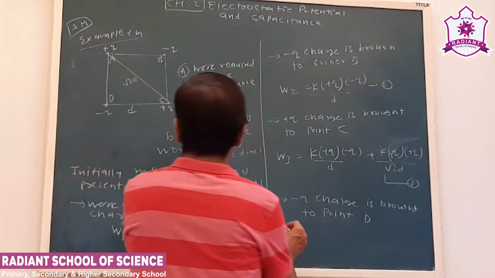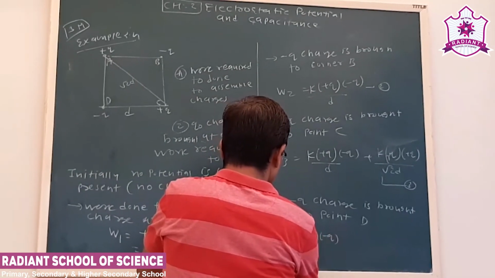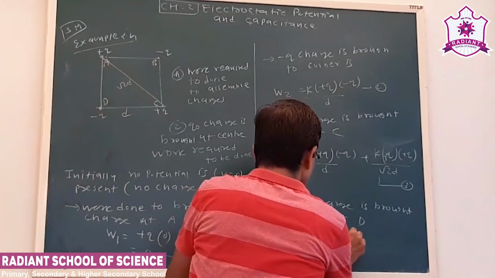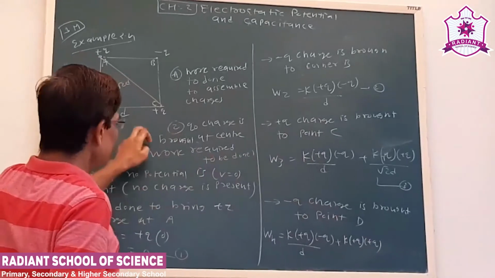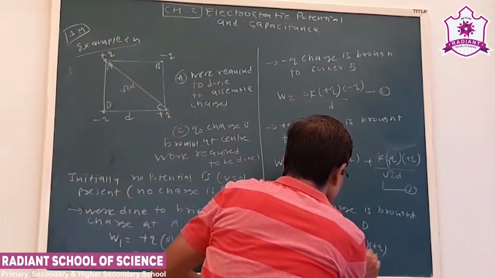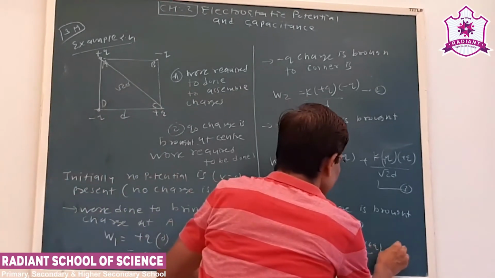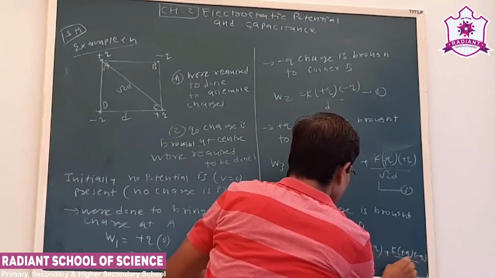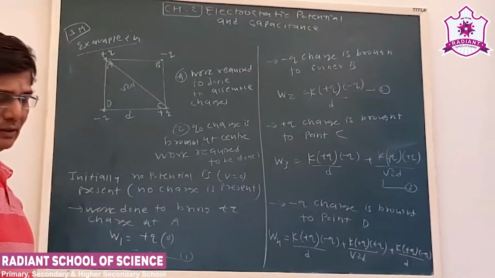We write in the form of equation: K plus Q minus Q upon D between these two, plus K plus Q plus Q upon root 2 D, since between A and C the distance is root 2 D. And finally K plus Q and minus Q upon D.